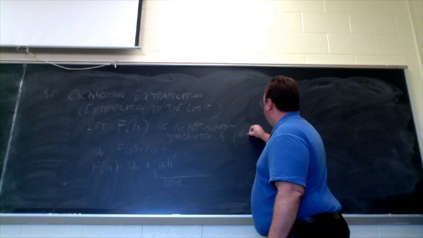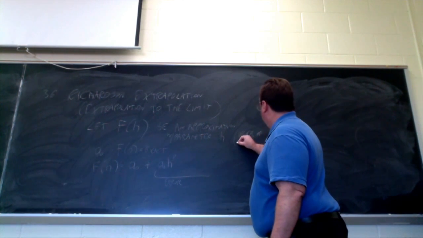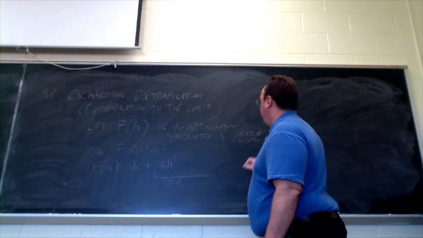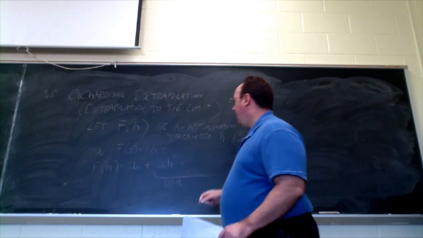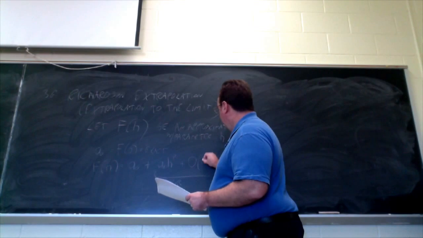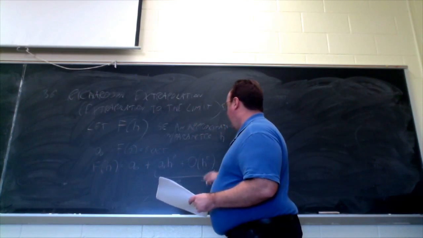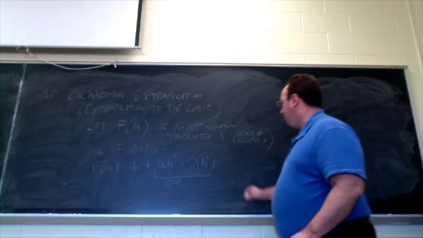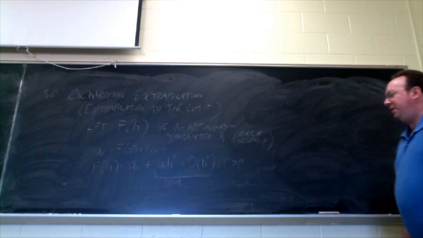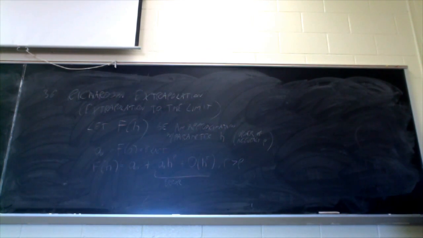So the order of accuracy is p. And then after that leading error term, there's other error terms of order h to the r. And so we have to assume that r is strictly greater than p, so the leading error term has h to the p in it.